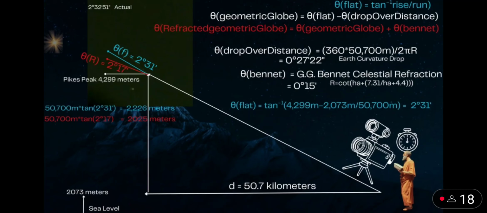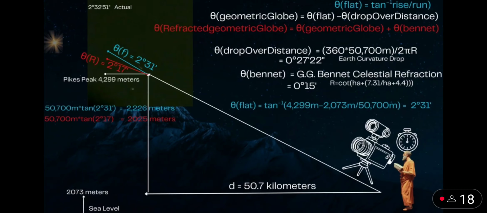From there, for the globe, you subtract from the flat Earth prediction the globe geometric prediction, which, like I said before, is the equivalent of 360 over 2 pi r times the distance, or d squared over 2r, or r times 1 minus the cosine of d over r, all giving you, for this distance, an approximate decrease of 27 minutes, 22 seconds.